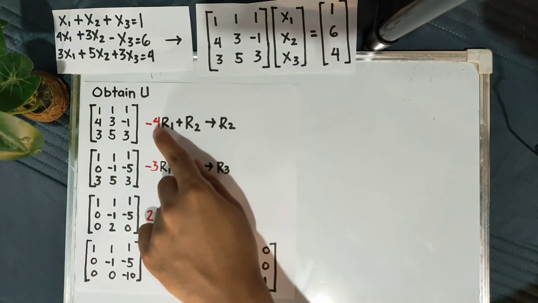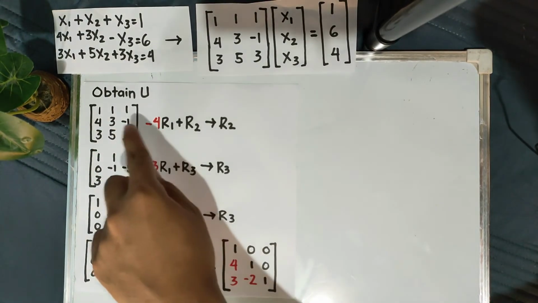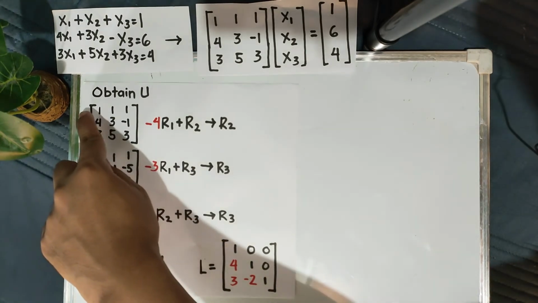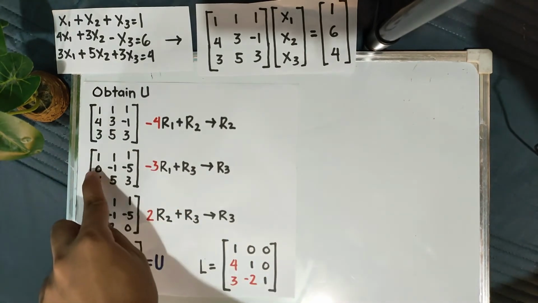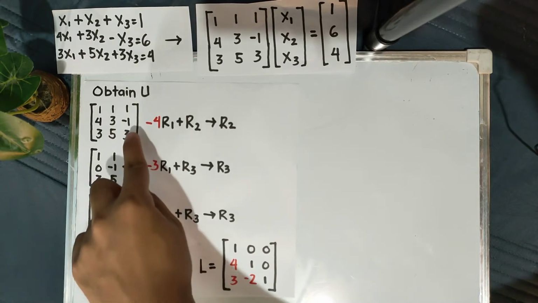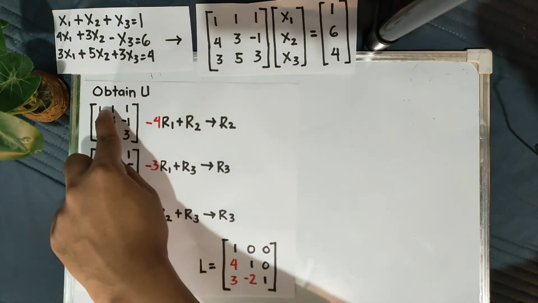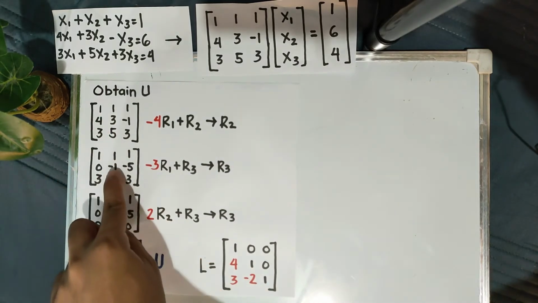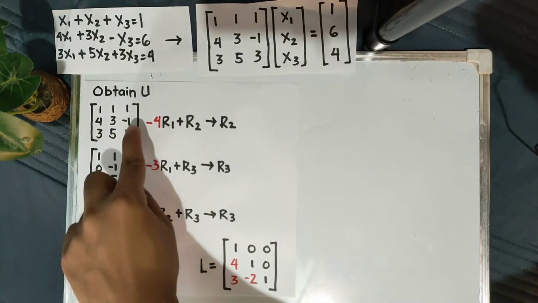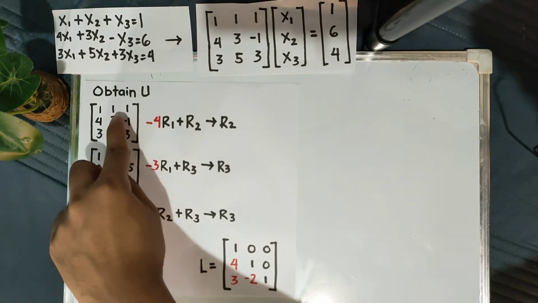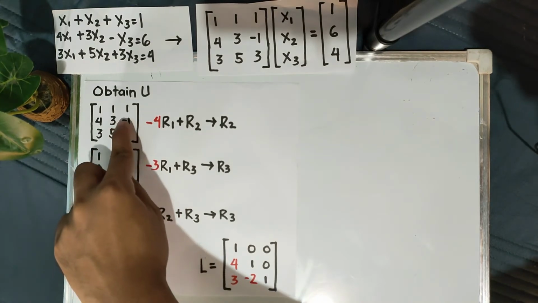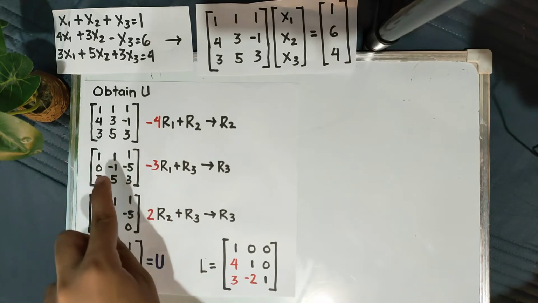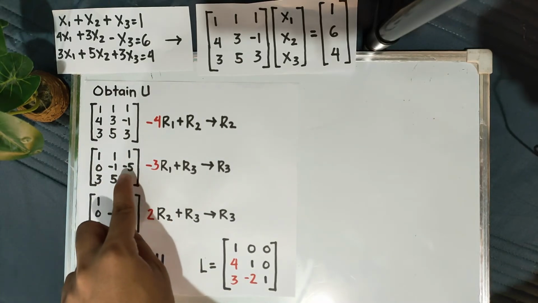Akong gibuhat is gimultiplyan nako og negative 4 sa row 1. Negative 4 times 1 is negative 4 plus 4, 0 ang labas diri. Next, negative 4 times 1 is negative 4 plus 3, negative 1 ang labas diri. Next, negative 4 times 1 is negative 4 plus negative 1. The answer is negative 5.